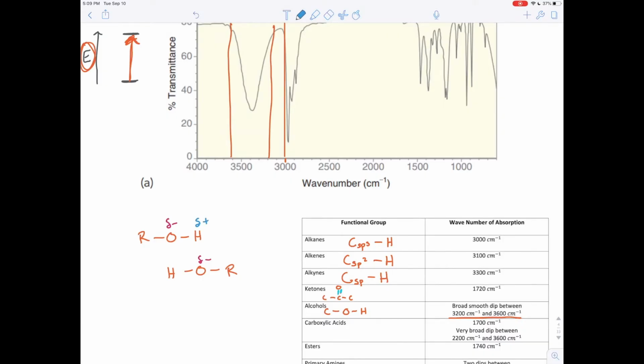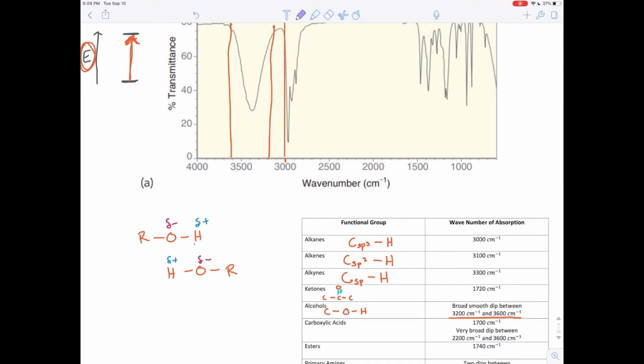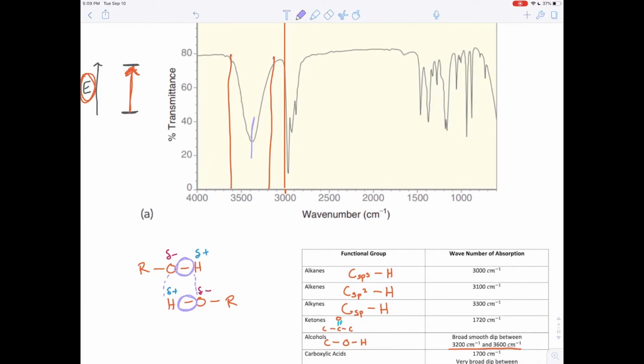The hydrogens are slightly positive. And so what will happen is the positive hydrogens on one alcohol will start pulling at that oxygen. And the slightly positive hydrogens on the other will pull on the other oxygen, and that weakens this bond. The bond that would be absorbing light.